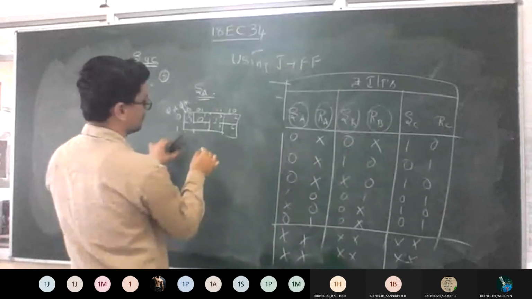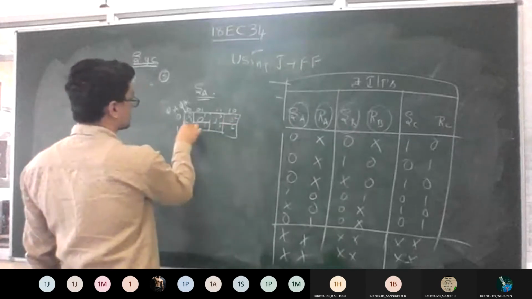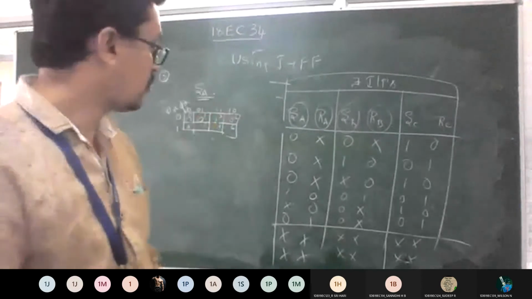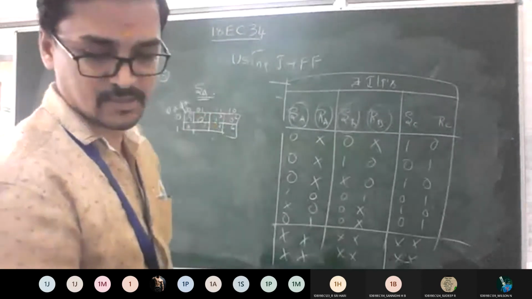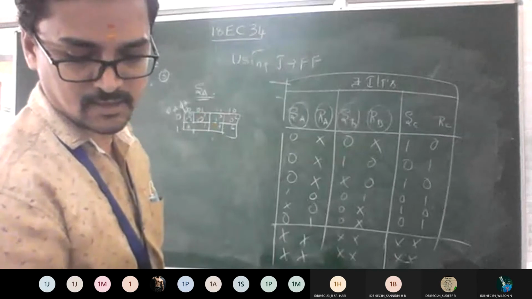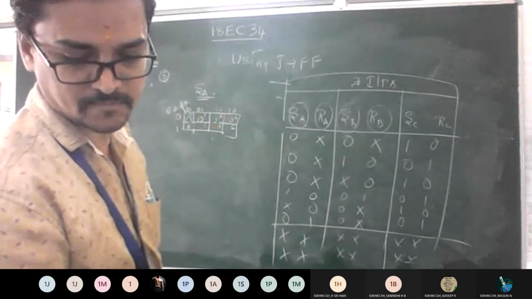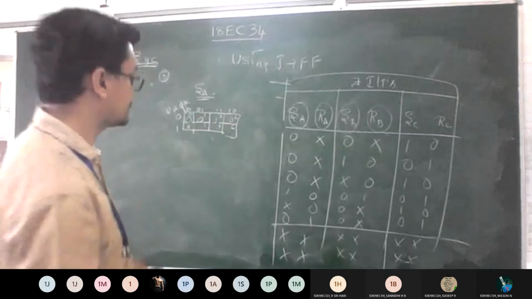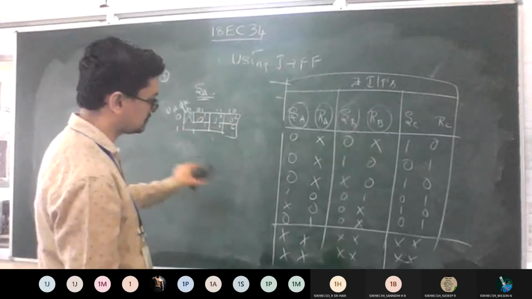Then again 4 is x. So what K-map will we take for this? You have only 1 and x as a combination, right? X is there for which one? I think the 6 combination, and 7.